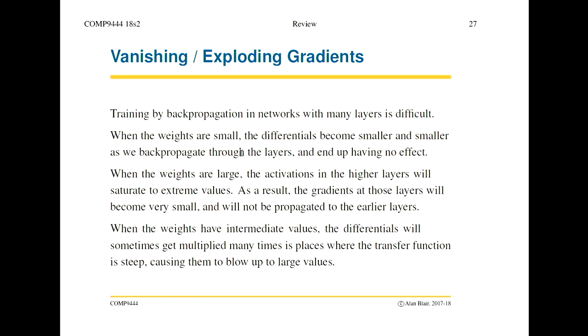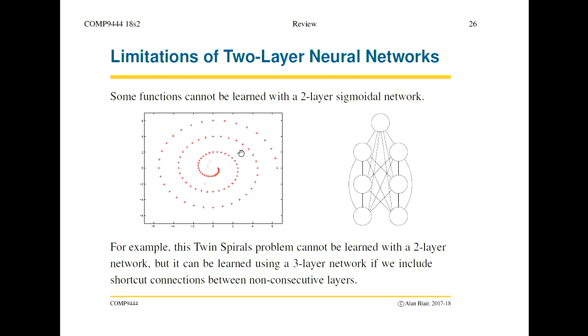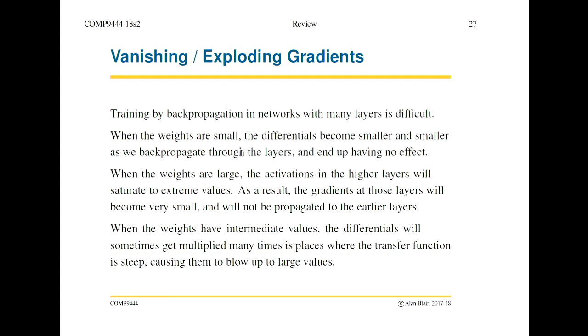And then we said, well, okay, so adding extra layers to the network makes them more powerful. Could you add 4 or 5 layers to learn a task that failed with 2 layers? And then people in the late 90s recognized this problem. Well, it doesn't work that way.